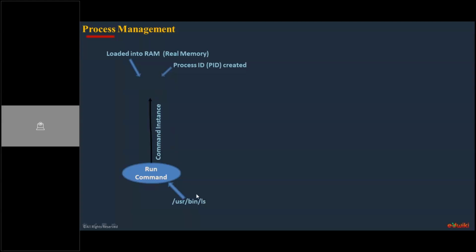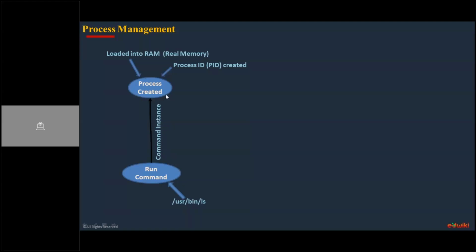So loading the command into the memory is called process creation. That means whenever you run the command, the process will be created. What does it mean by the process created? Process created in the sense the command related information will be loaded into the memory space.